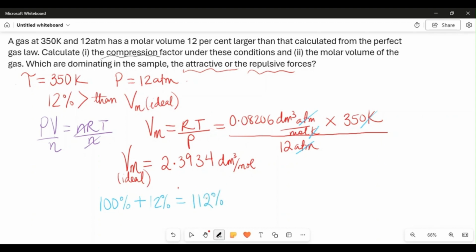Since we're dealing with percentages, we have to remember that 5% is the same thing as 5 over 100, and 20% is the same thing as 20 over 100. So the decimal of 112% is 1.12. Going back to the question, we're told that the molar volume of the real gas is 12% larger.